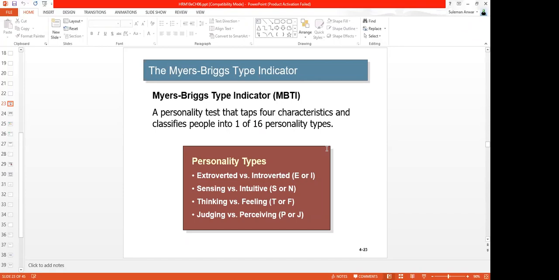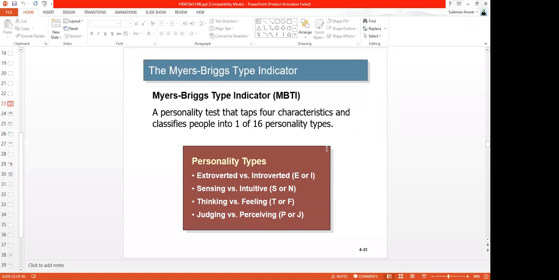Okay, so those 4 sets of characteristics which the MBTI indicator has picked include number 1, extroverted or introverted, denoted with E and I. Sensing or intuitive, denoted by S and N. Thinking versus feeling, denoted by T and F. And judging or perceiving, known as J or P. Right?